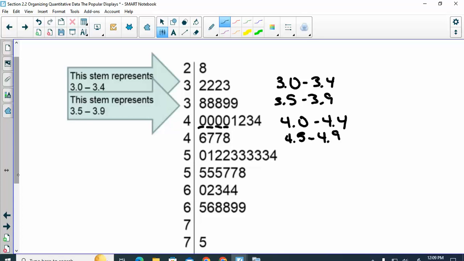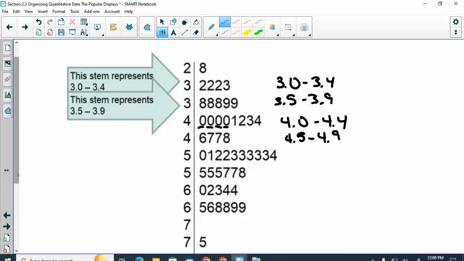You guys have done stem and leaf plots, right? This is something you can do by hand. If you want to do it on Google Sheets, if you like it typed, you're welcome to do that as well. Basically, your stem is a column and your leaf would be the other column. So whatever you prefer.